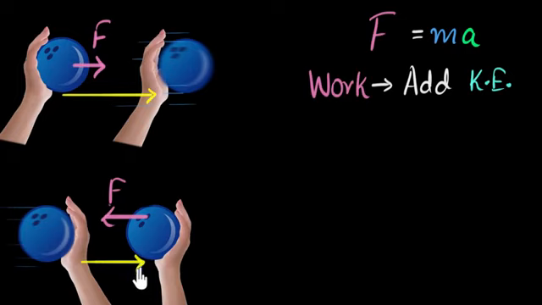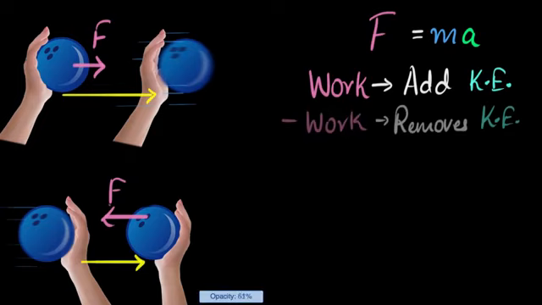But now think about the work done. Because you're pushing it in the opposite direction to the displacement, work done is negative. And now when you're doing negative work, look at what happened to the kinetic energy. The kinetic energy reduced. So we can now say when you do negative work, you are removing the kinetic energy from the body. So negative work removes kinetic energy from the body.